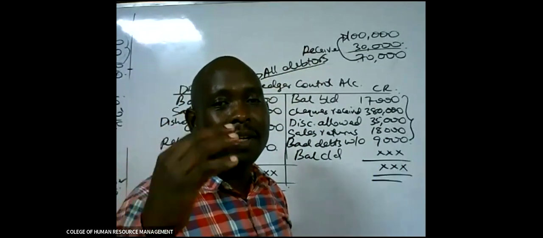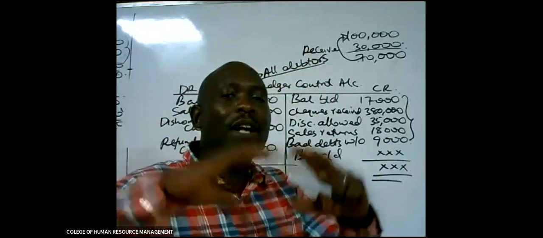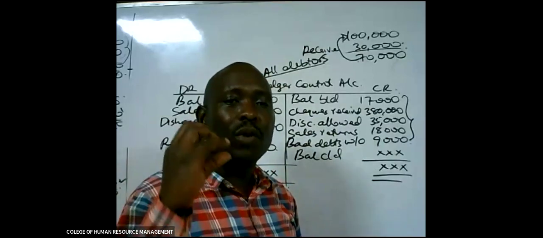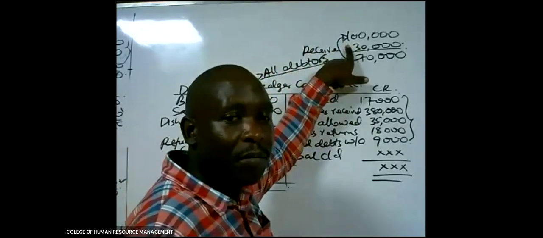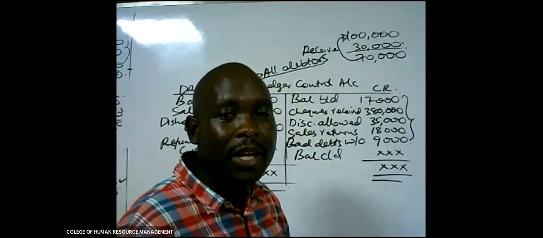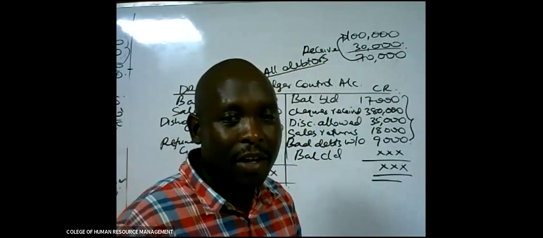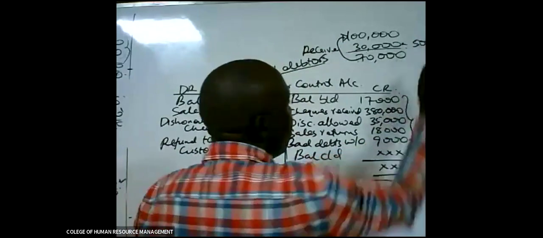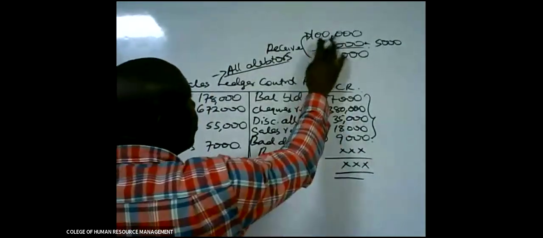When you are getting this balance of 100,000 from all of them, you had factored in even those discounts. If this person gave you 30,000 and later he realizes that he had overpaid you and you make a refund of 5,000, that simply means the person has paid you what?